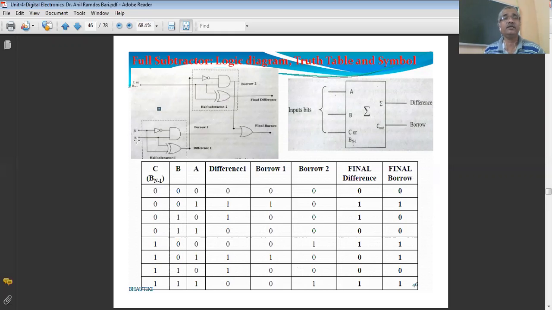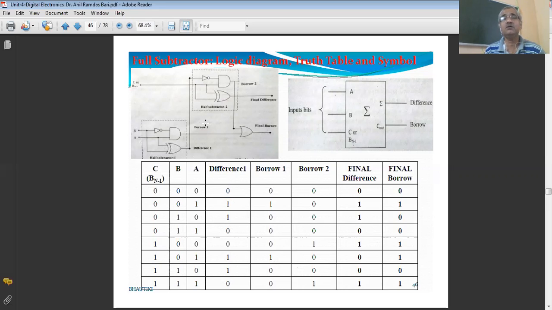So when A is equal to 0, B is equal to 0, and C is equal to 0, the first difference produced will be by this half subtractor. So 0 minus 0. The output of this exclusive OR gate is 0. Therefore, difference 1 is 0.